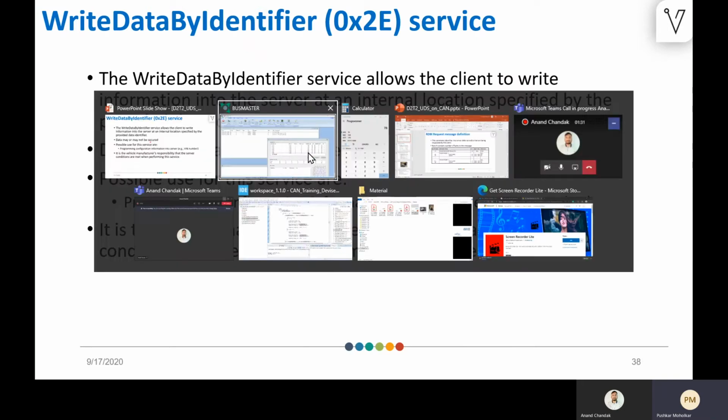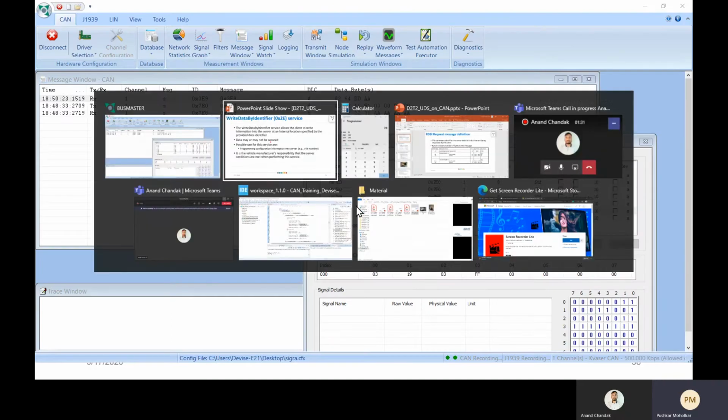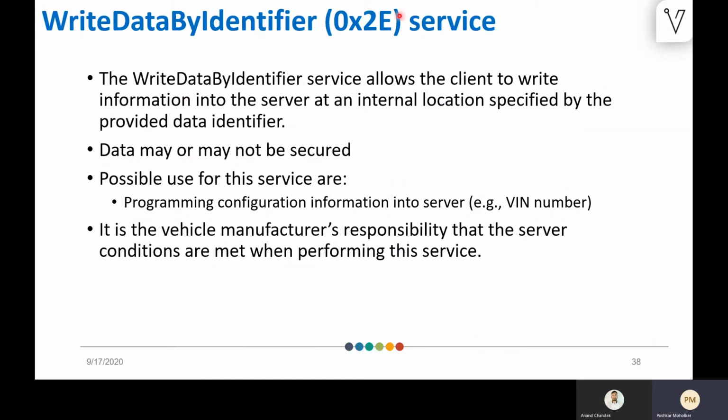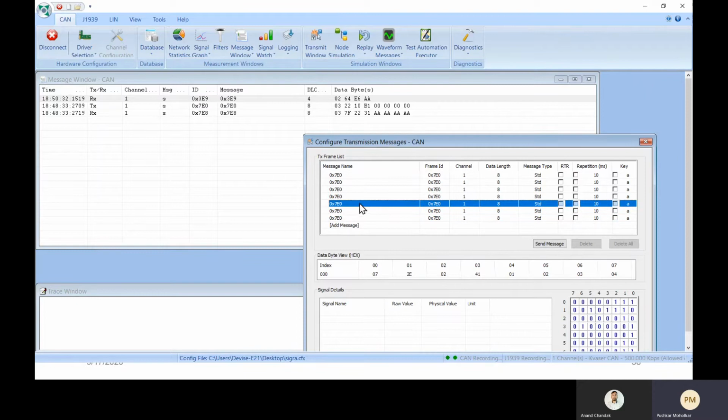As you can see, 0x2E is the service identifier for the write data by identifier service. The request format is like this: the 0th byte tells the ECU that there are 7 data bytes following the 0th byte. 0x2E is the service identifier for write data by identifier.